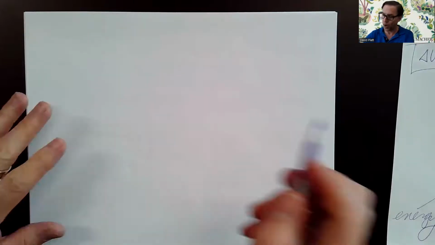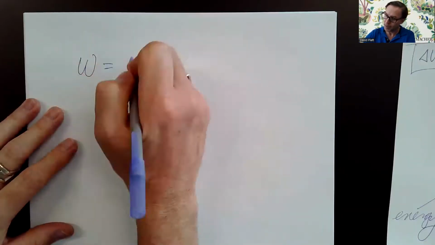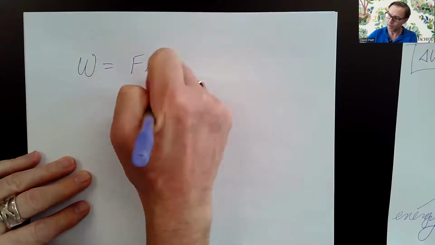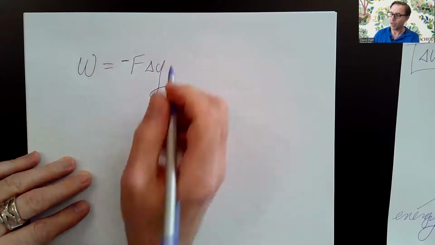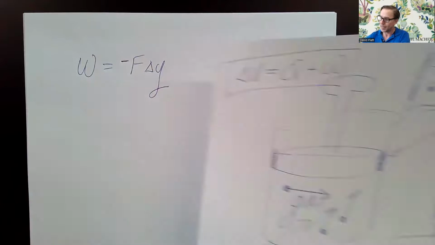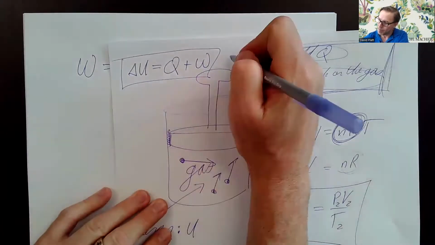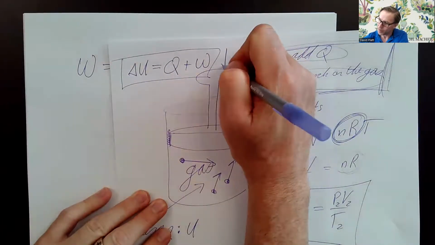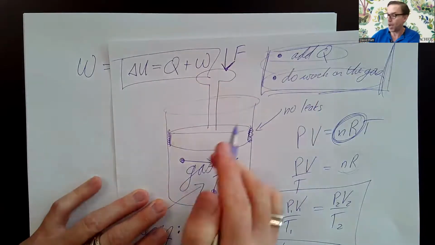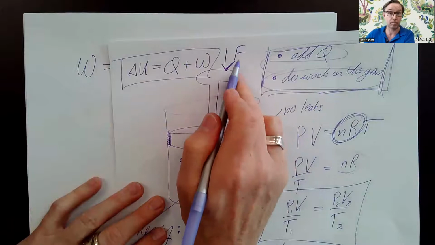W, the work, is equal to F delta Y with a minus sign in the front. The work done on the gas is minus F delta Y. So if I'm pushing here with a force F, that's a positive force that I'm exerting.